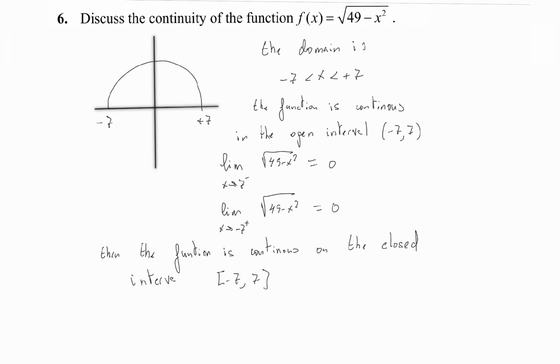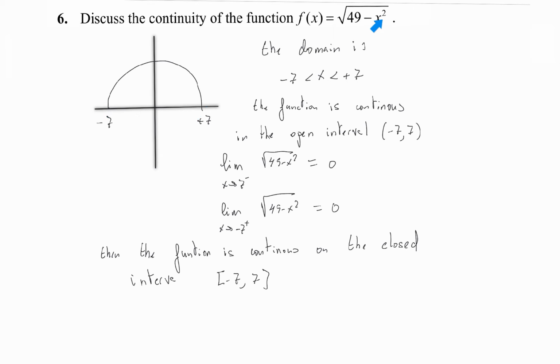Discuss the continuity of this function, the square root of 49 minus x squared. The square root of 49 minus x squared is the upper semicircle of radius 7. Is this upper semicircle. So the function is defined at any point between minus 7 and 7.